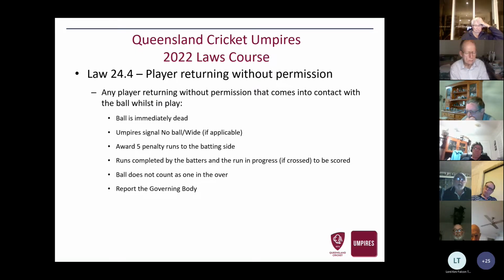Any runs completed by the batters and the run in progress, if they've crossed, are to be scored. The ball does not count as one in the over. It's one of those rare scenarios where the ball doesn't count as one on the over, even though the striker has played at it. And last but not least, the incident is reported to the governing body of the competition you're umpiring in.